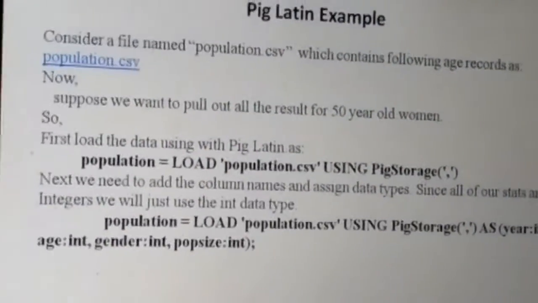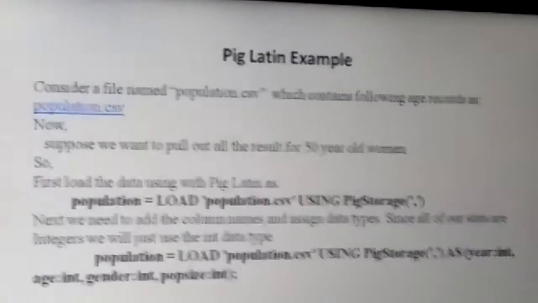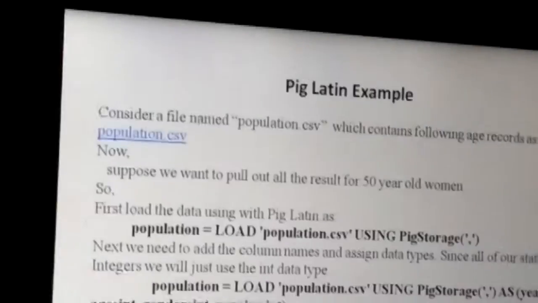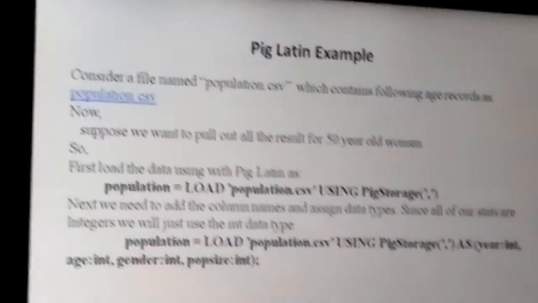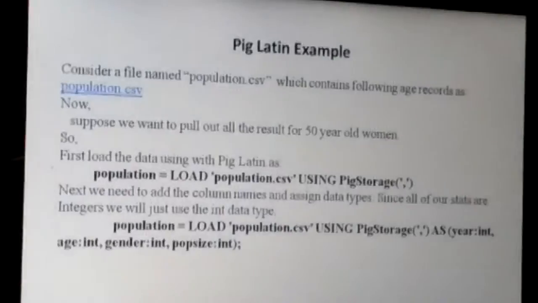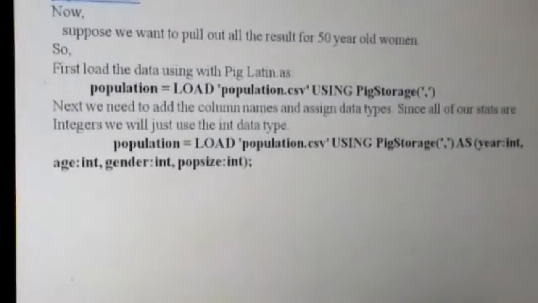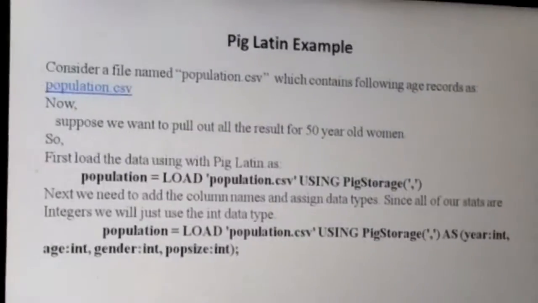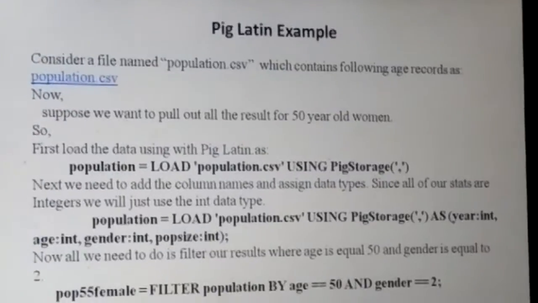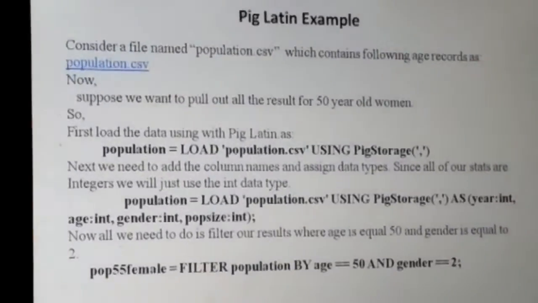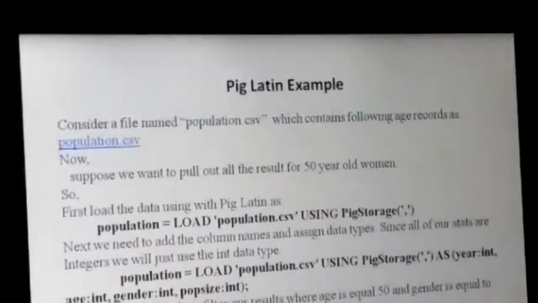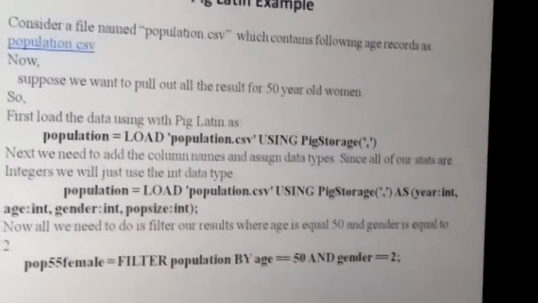Next we need to add column names and assign data types, since all of our fields are integers and we will just use the int data type. So after as, you can see year int, age int, then gender int, then population size is also int. Now we need to filter our result where age is equal to 50 and gender is equal to 2.